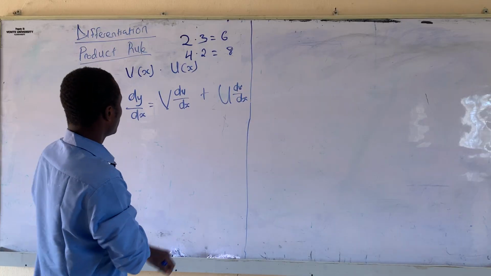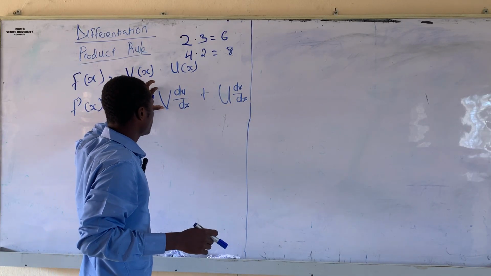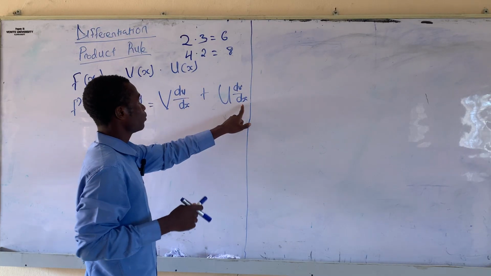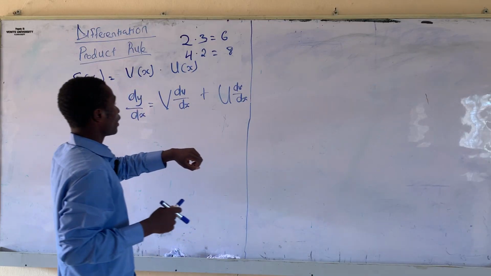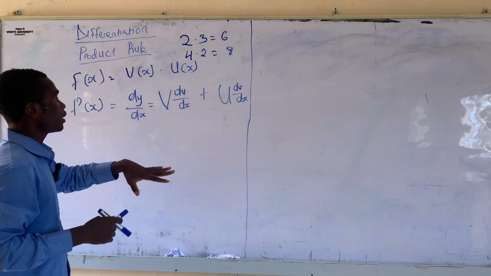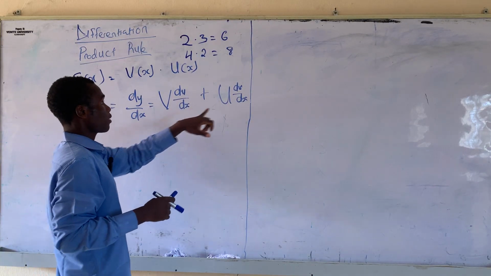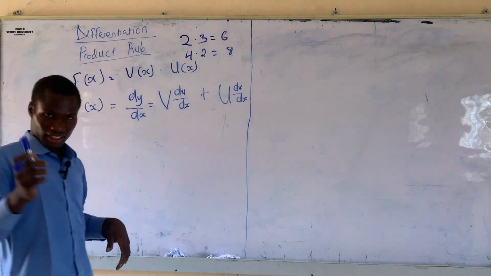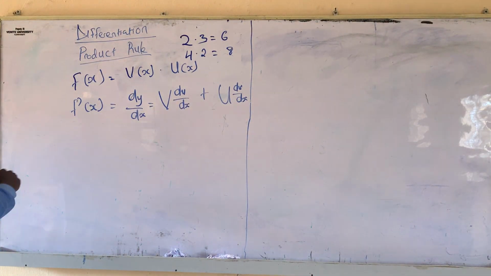If we differentiate u with respect to x, it becomes du over dx. And if we differentiate v with respect to x, it becomes dv over dx. This is the idea or the concept.